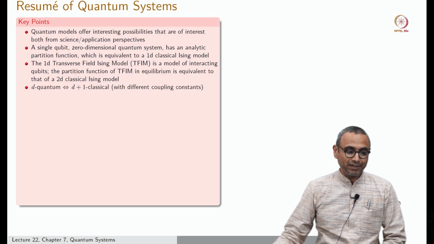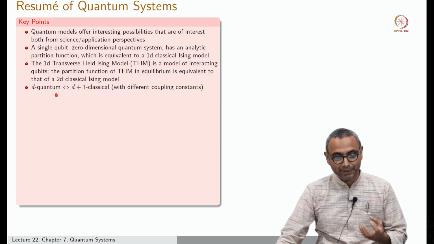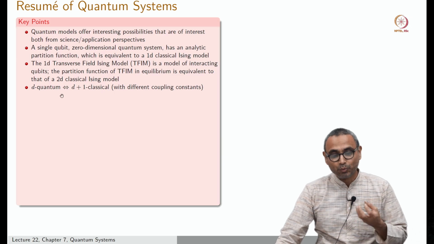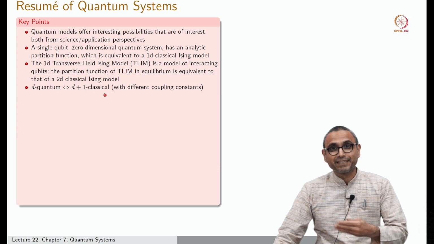More generally, we were able to see that d-dimensional quantum systems in equilibrium are equal to d plus 1 dimensional classical systems, although with different coupling constants.